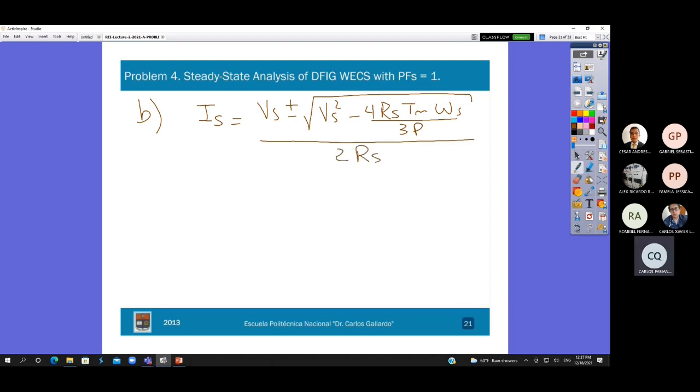We have already derived this equation in the previous class.